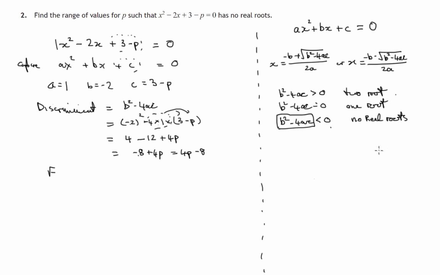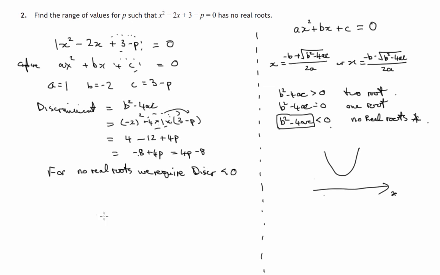And since this is the situation we're after, where we're wanting the graph, if you like, to miss the x-axis, to have no real roots, that'll only happen if the discriminant's less than 0. For no real roots, we require discriminant less than 0.